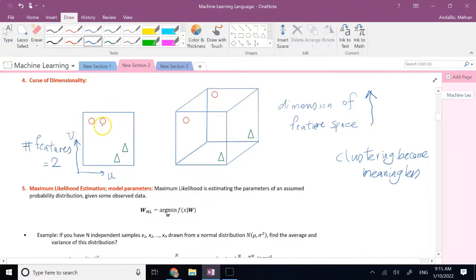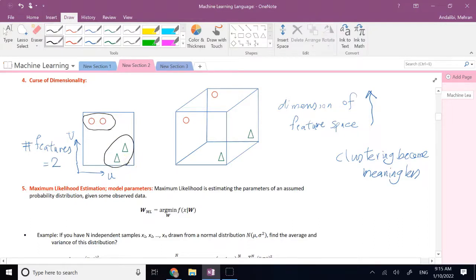Now, if I have a bunch of circles here on some corner of this square region, and I have some triangles data on another, well, clustering is quite meaningful, right? Because I can say, well, these two data form one cluster and these two data form another cluster, right?